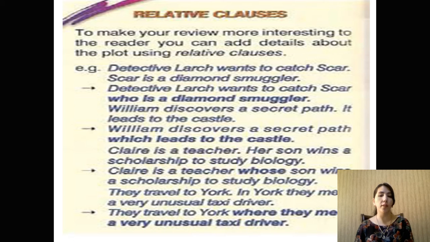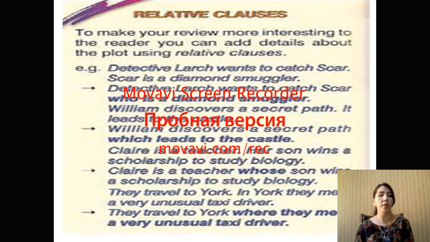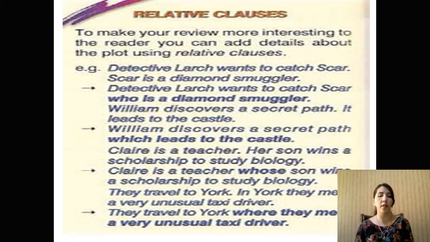Detective Lark wants to catch Scar, who is a diamond smuggler. You see here "who is a diamond smuggler" is a relative clause. William discovers a secret path. The path leads to the castle. William discovers a secret path which leads to the castle. "Which leads to the castle" is a relative clause here.